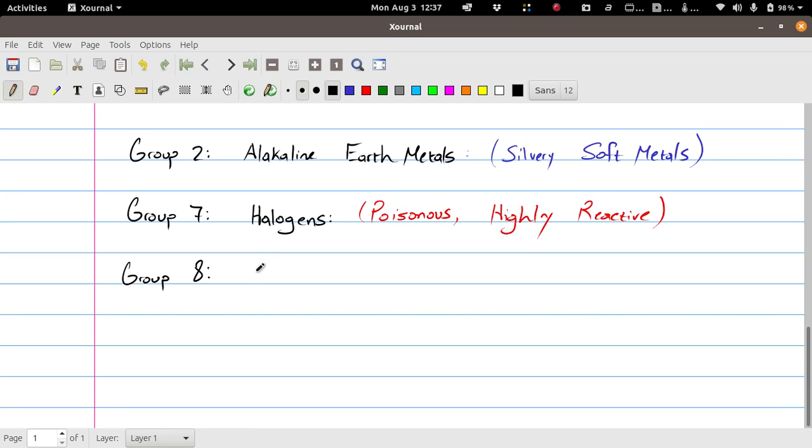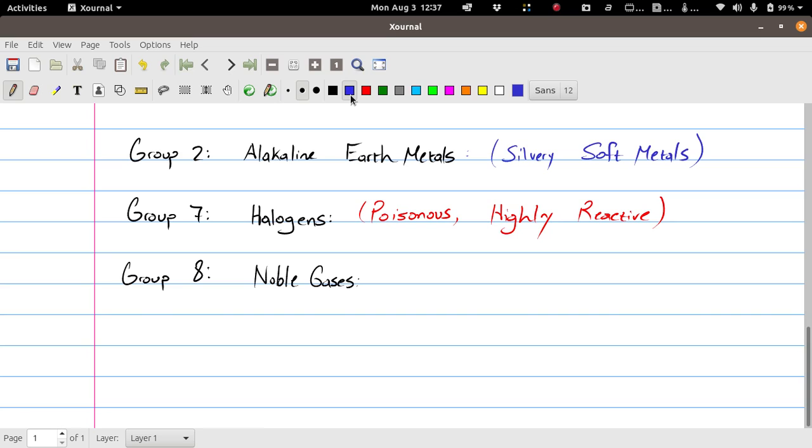So noble gases. This would be our last super important group we're going to talk about. So these are a lot like my jokes. They don't get reactions out of anything. Another common thread about noble gases is they're colorless and odorless, but the main thing is they're really, really unreactive.